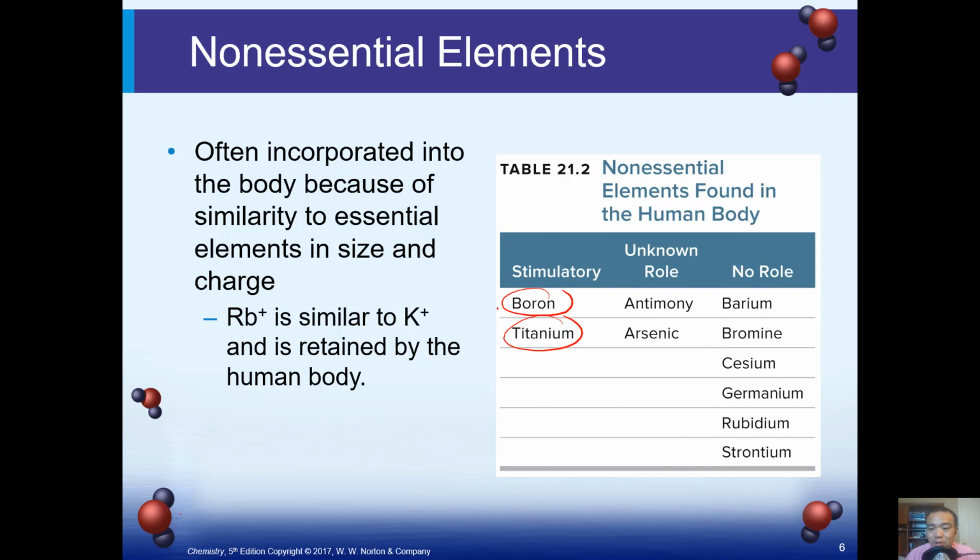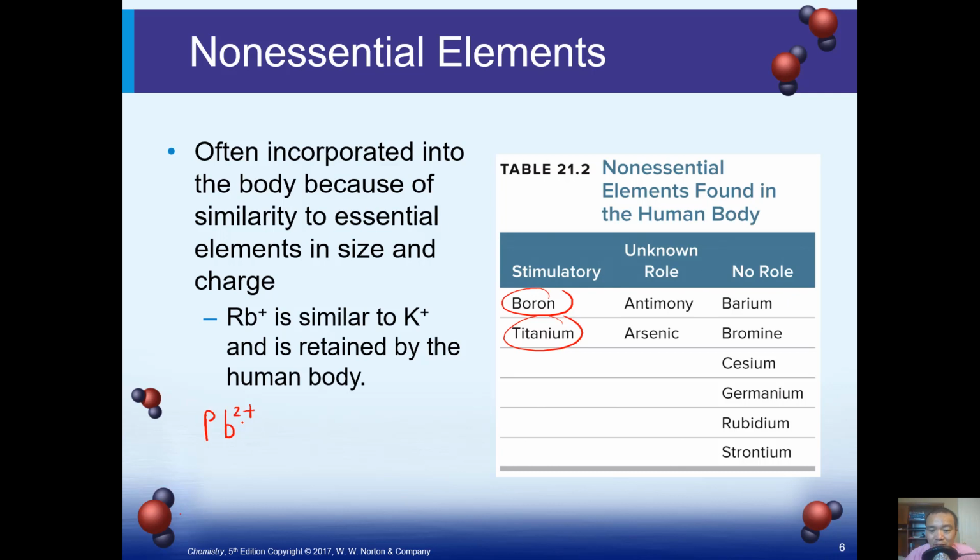Other non-essential elements or toxic elements may be found in the body due to the incorporation into the bone and or tissue. For example, lead-2 ion is toxic. The reason is because lead-2 ion, Pb2+, may replace calcium in bone.